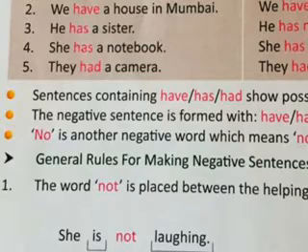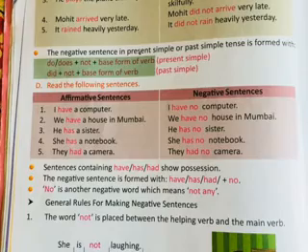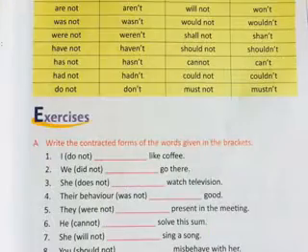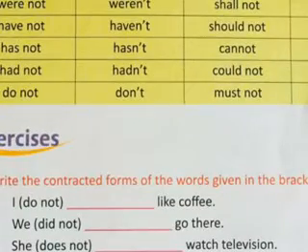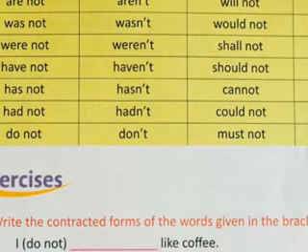Okay. Now we will move to the contracted forms. Here you can see contracted forms. Contractions. Okay. So when we make negatives, we need not write in full like am not, are not, were not, has not, had not.